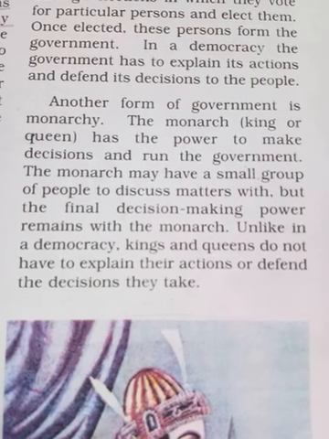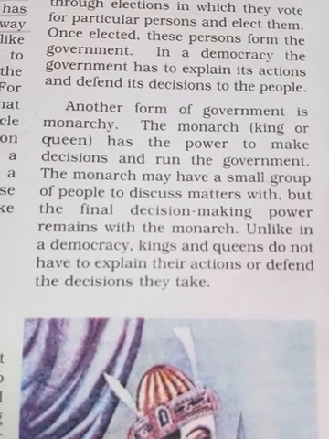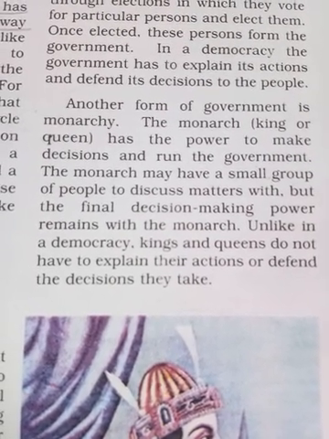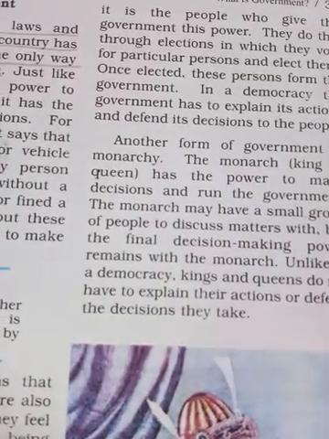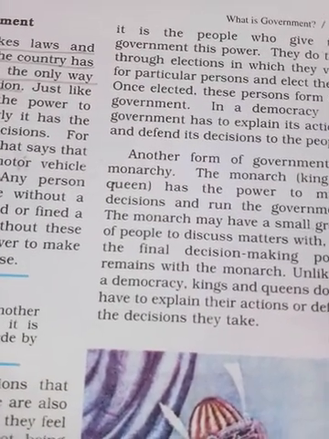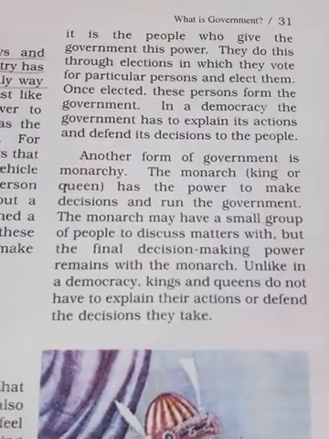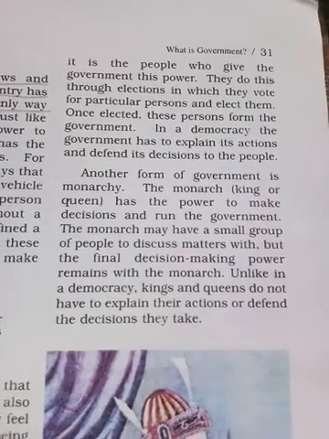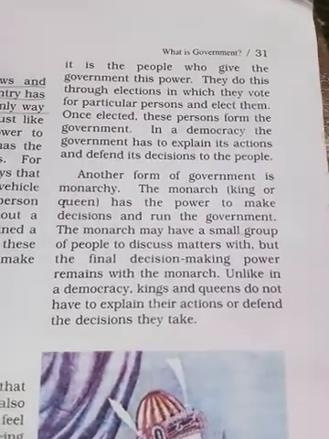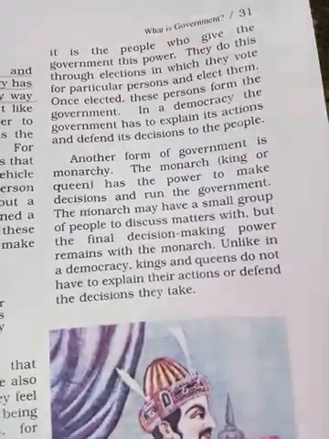They are not going to explain to the people. Why? Because they have full power. People did not send the king, so it is not ruled by the people. It is ruled by the king. That is the difference between the democracy and the monarchy form of government.